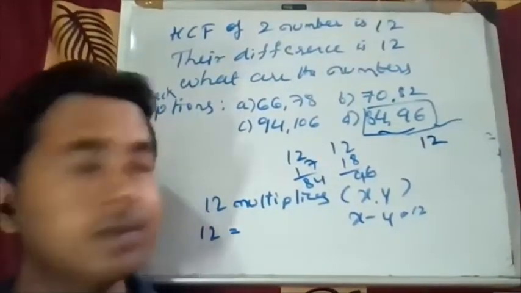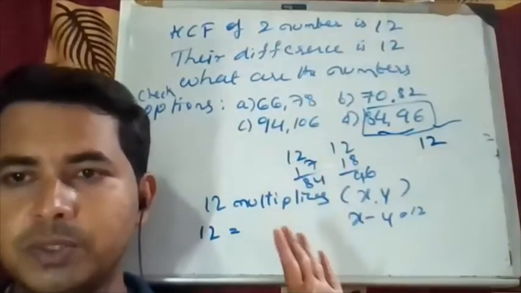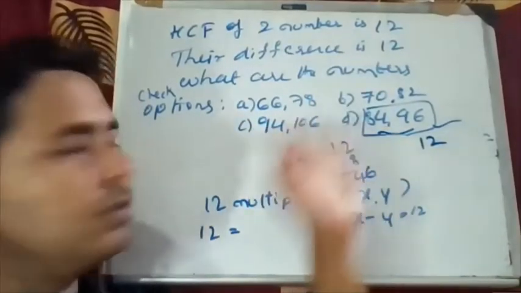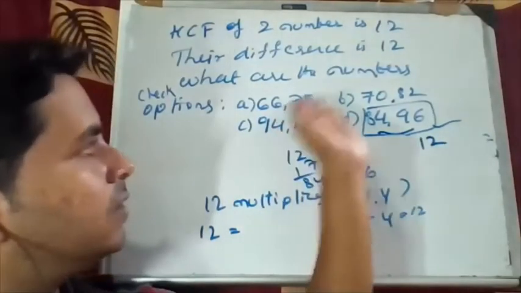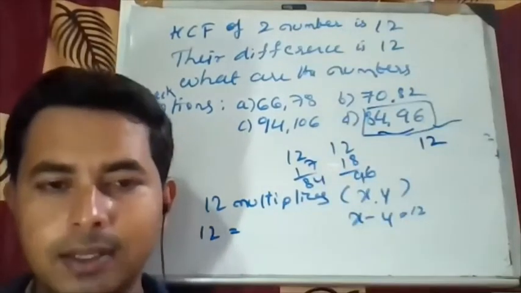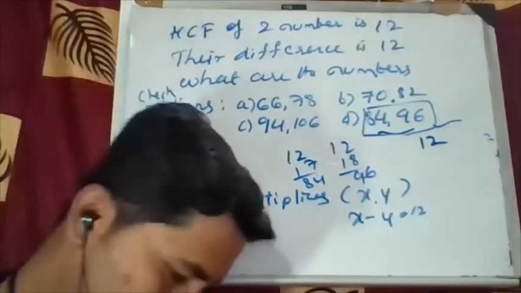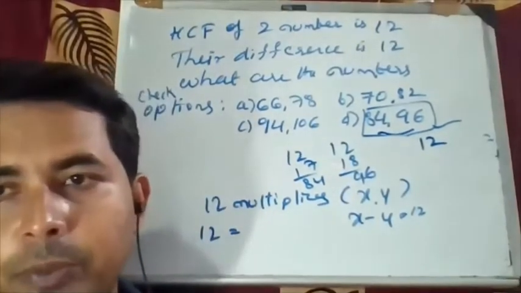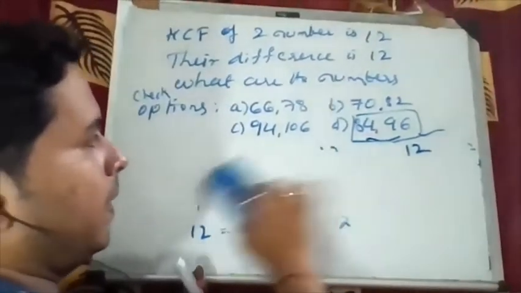What is the difference between all the given options? सबका difference 12 ही है. Then find out multipliers of 12. So ये तीनों multipliers नहीं हैं. Directly you can say 84 and 96 are multipliers of 12. So this is the answer. Okay, I hope you understood. I'll just go to the next one.